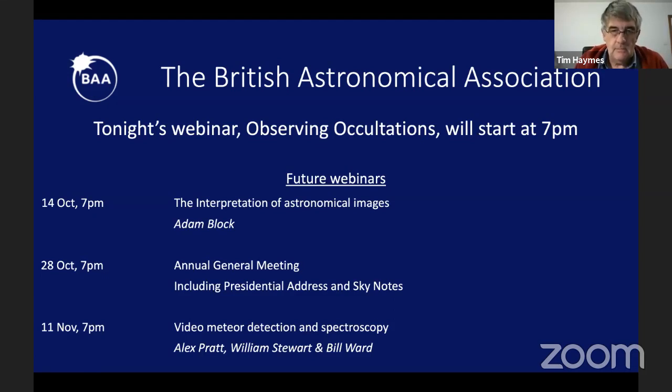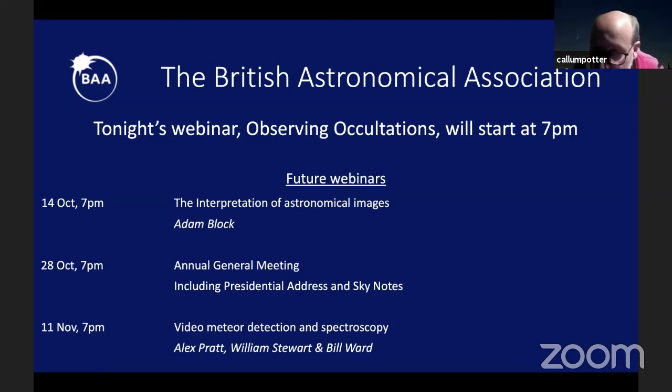Question from Roger Divick. One of your lunar occultation slides of a double star showed a spike. Any thoughts? Where was the spike?